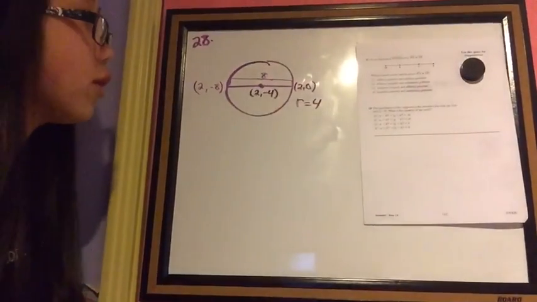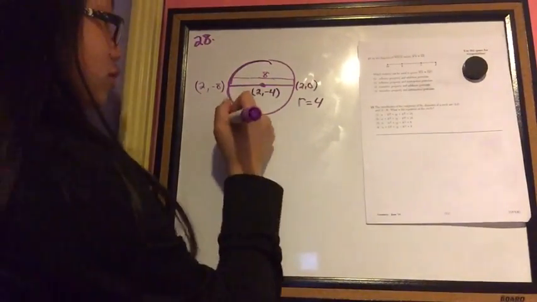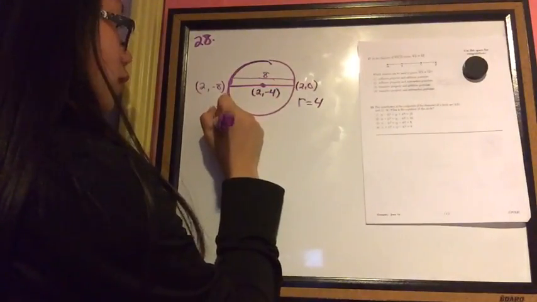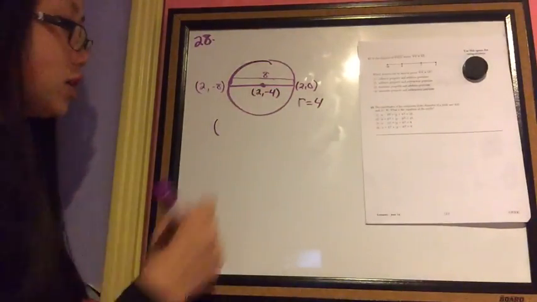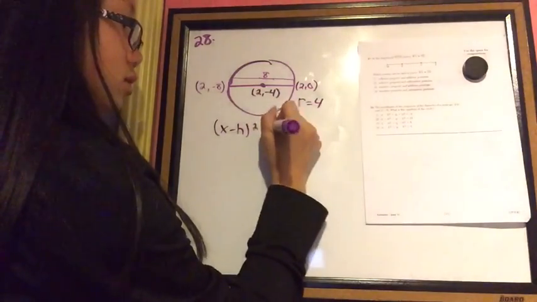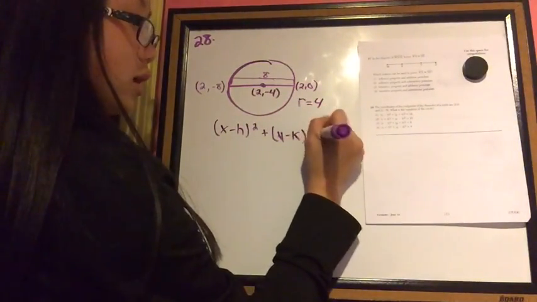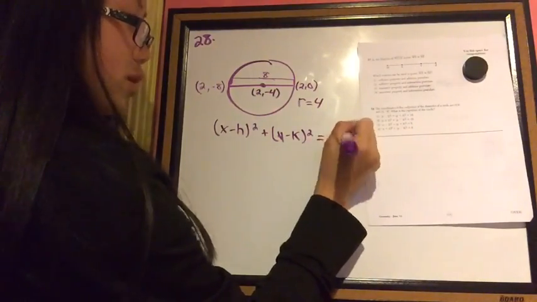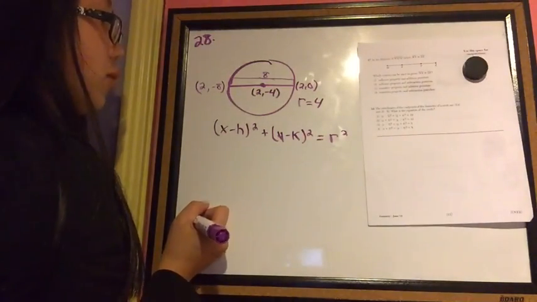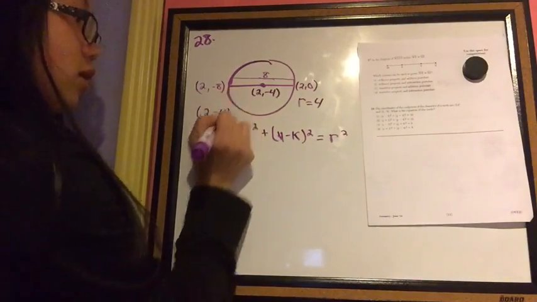Now, we take that info that we just found and we plug it into the equation of a circle to find the equation for this circle. The equation for a circle is (x minus h) squared plus (y minus k) squared is equal to radius squared. So we take our point (2, -4), and we plug it in.